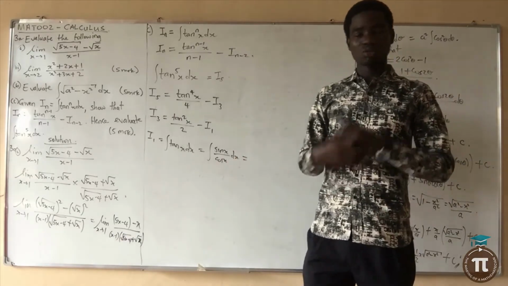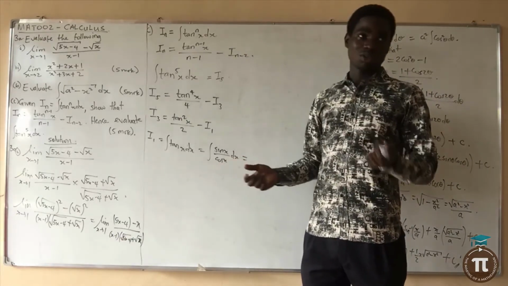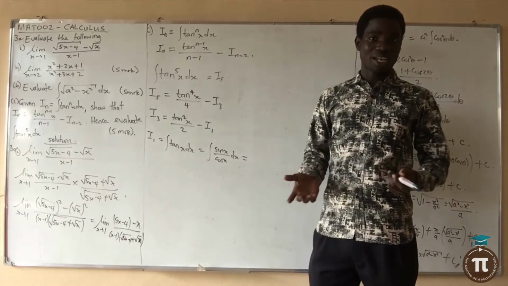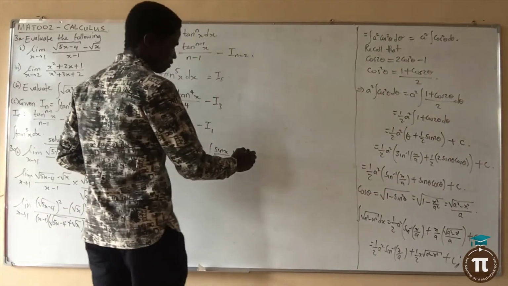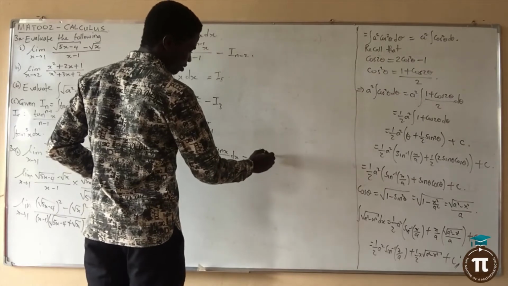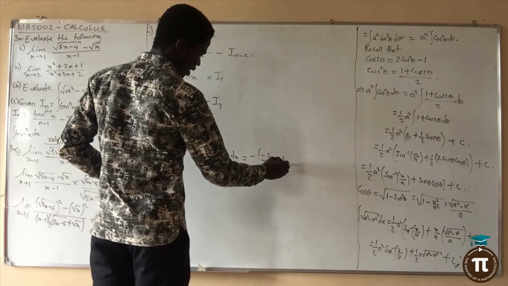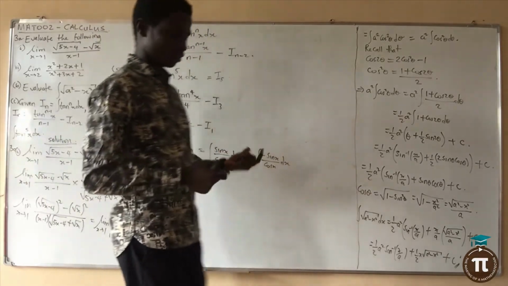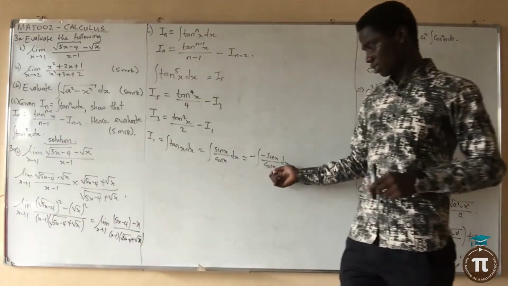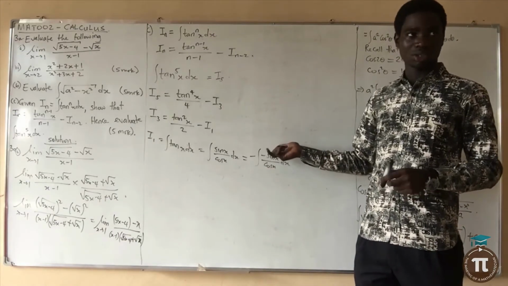So this is what I'm going to do, because if I differentiate cos, the answer is minus sine. So I'll put minus here and I have minus sine x divided by cos x dx. Why am I putting minus? So that if you differentiate cos, the answer is minus sine, which is up.